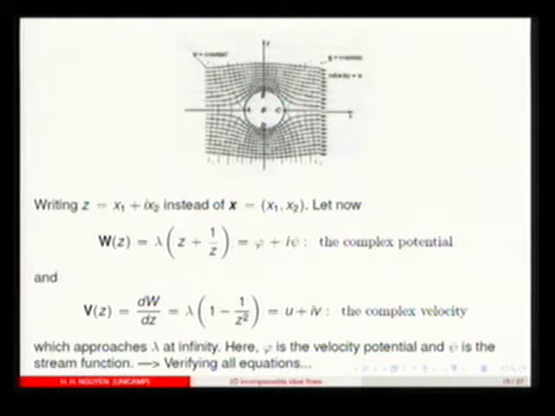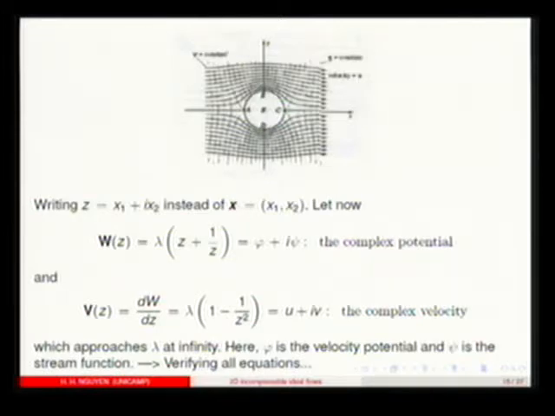And we can see v(z) approaches gamma at infinity. Here, phi is the velocity potential and psi is the stream function. We can check U and V satisfy the Cauchy-Riemann equations.